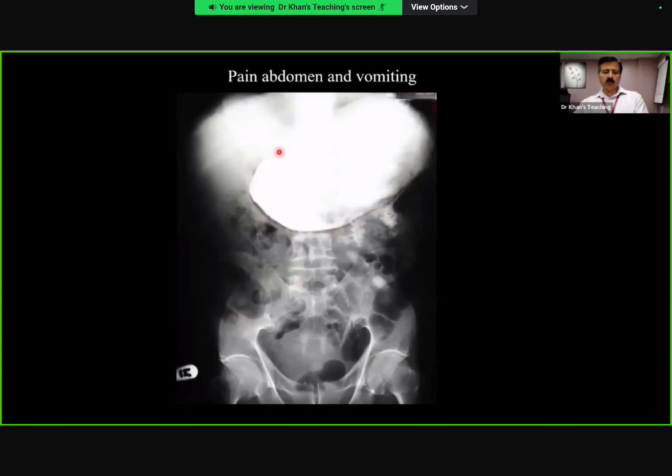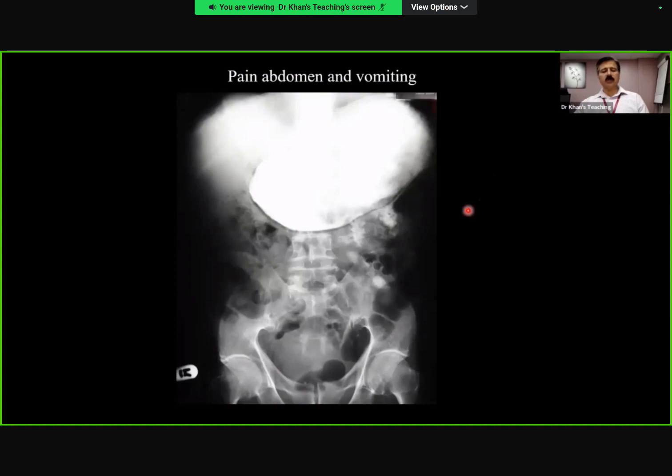Just name this finding. What is happening? So it's a gastric volvulus. So where is this air? So there's air around a dilated hyperdense structure.